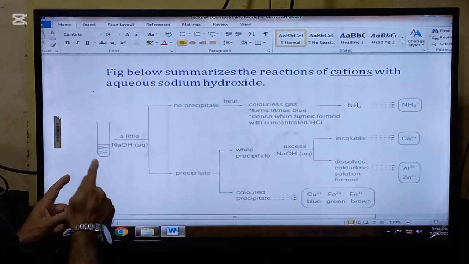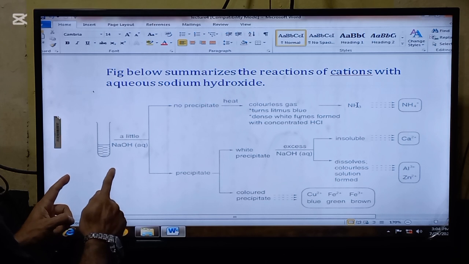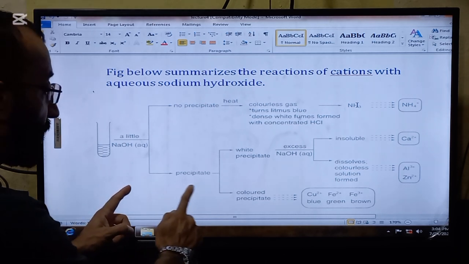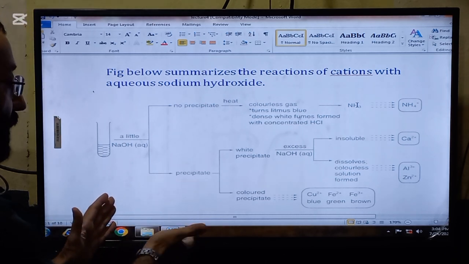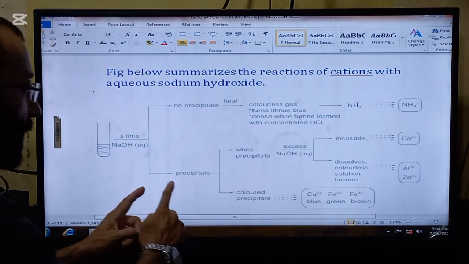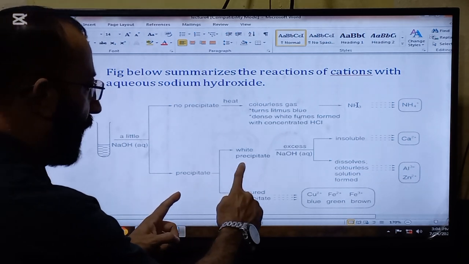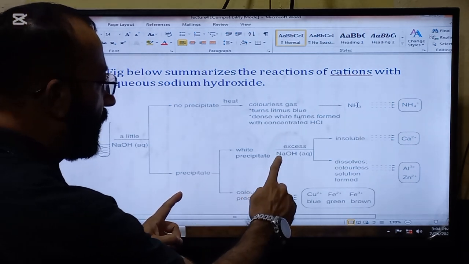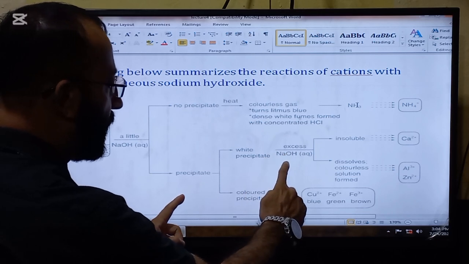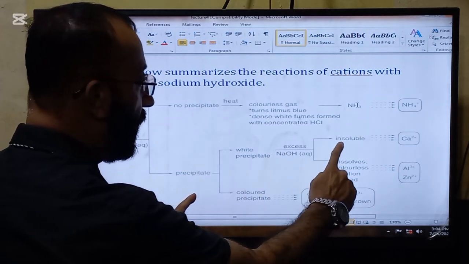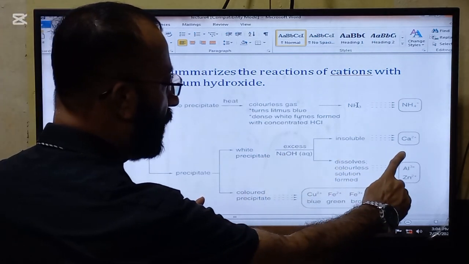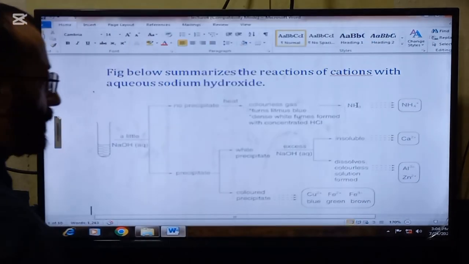And if the metal ion reacts with aqueous NaOH and a precipitate is formed, and the precipitate is white, then on further reacting with excess NaOH, if it is insoluble, that will be the calcium ion.